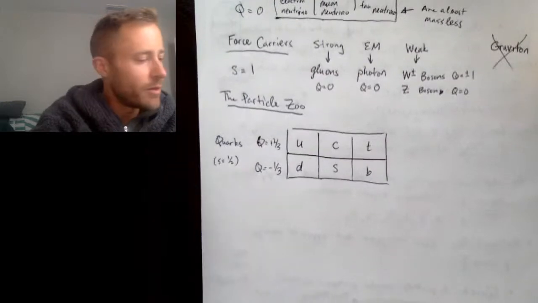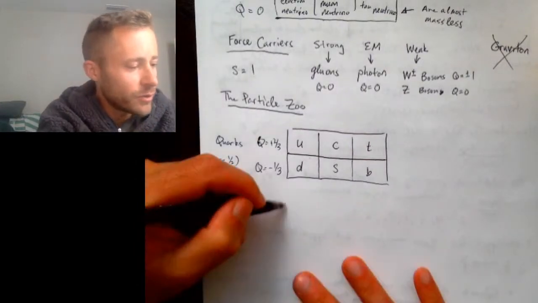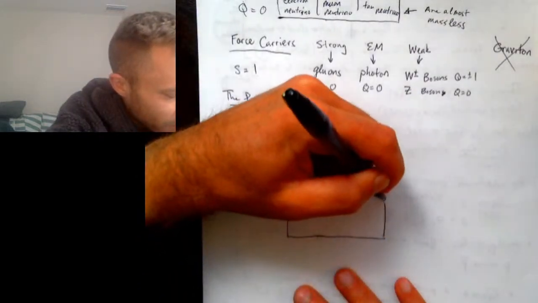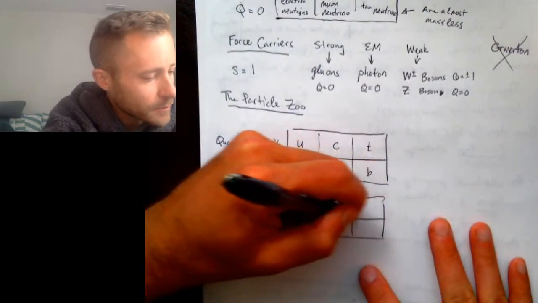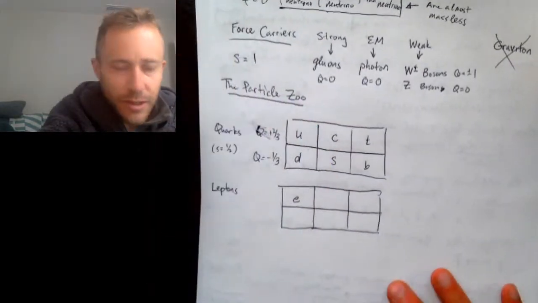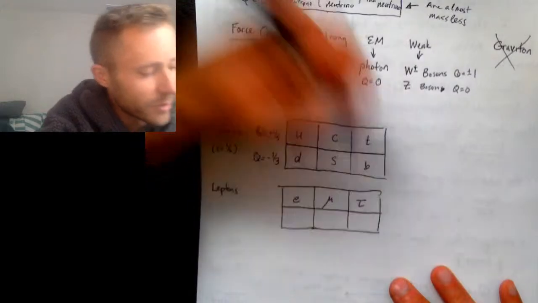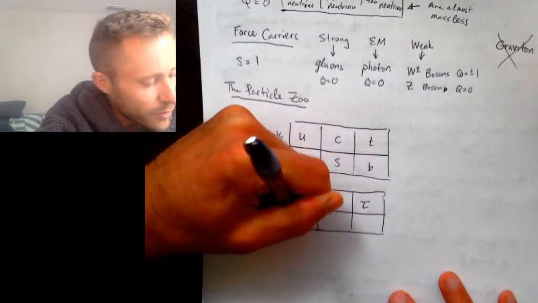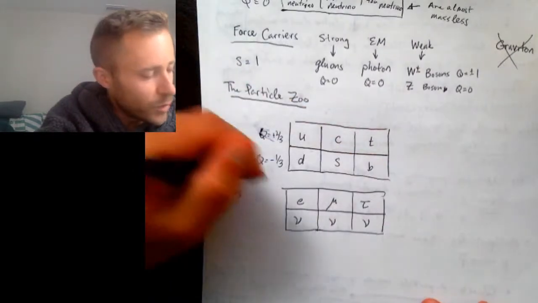All right. Then the leptons are usually drawn below them. And so I'm going to use the abbreviated symbols for those ones as well. Okay. So there's the electron, which is an E. There's the muon, which is the Greek letter mu. And there's a tau, which is the Greek letter tau. And then the symbol for neutrino is the Greek letter nu. But then you put a subscript for which type of neutrino it is.